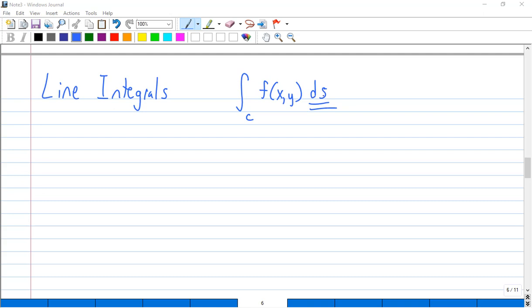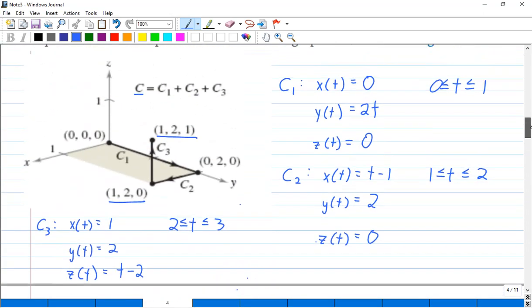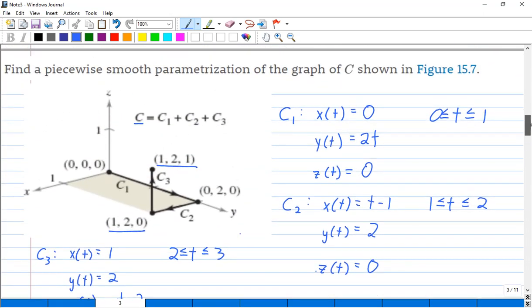All right, so this ds here is moving along the curve C. And this C is the same C that we're talking about up here.